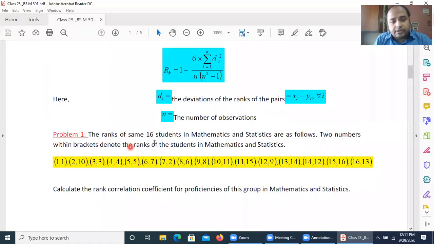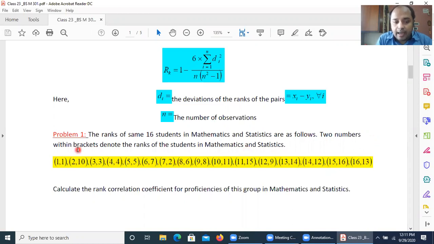The ranks of the same 16 students in mathematics and statistics are as follows. The two numbers within brackets denote the ranks of the students in mathematics and statistics. The ranks are given here pairwise. If you count this yellow marked portion, you will find that there are 16 observations, 16 ordered pairs.